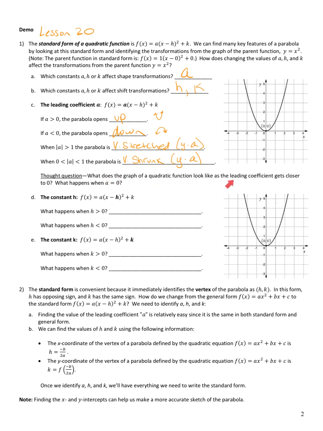What does the graph of a quadratic function look like as the leading coefficient gets closer to 0? That is, what happens when a gets closer to 0, or when it is 0? When a is a fraction, we have a vertical shrink, so the parabola gets wider and wider.